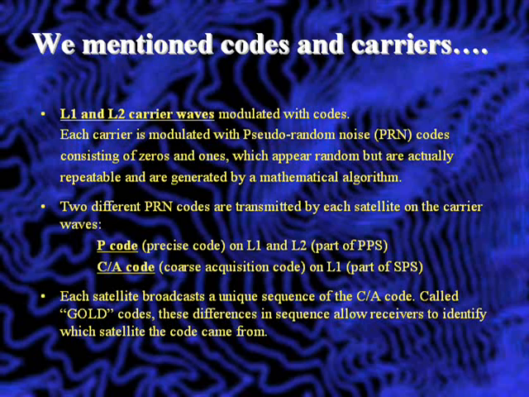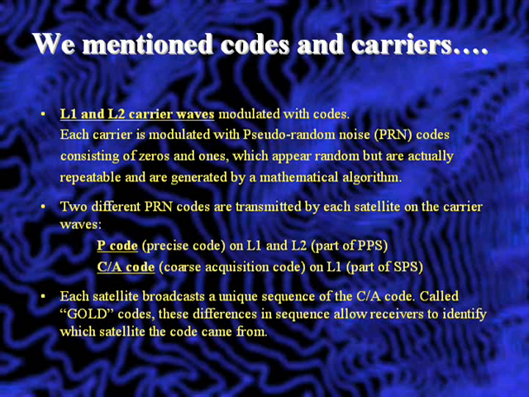And for those pseudo-random codes, there are two different codes. One is the P code, or the precise code, which is superimposed on the two carrier waves, L1 and L2, and it is for the precise positioning service, PPS. Then there's the CA code, the coarse acquisition code, which is only on the L1 carrier wave.